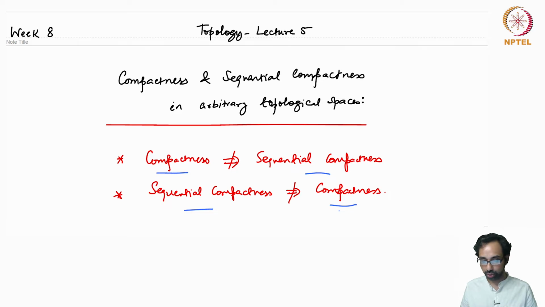And to show both these properties, we will use some of the theorems that we have already shown, like Tikhonov's theorem and the equivalence of all these kinds of compactness properties in metric spaces. So first of all, let me give an example of a space which is compact but which is not sequentially compact.